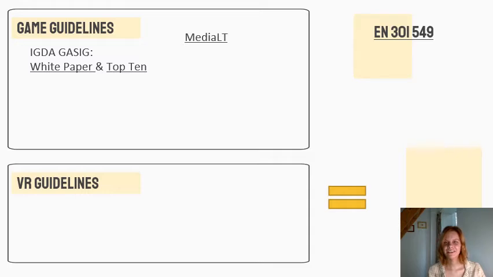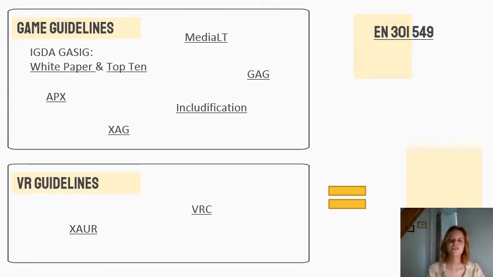And then there's Media LT, which is a Norwegian company, and another document is includification, and there's the accessible player experience and the Xbox accessibility guidelines. And the last ones are the most important ones, game accessibility guidelines. I will link these so you can find them in the presentation. For the VR guidelines, there are two of them that I found. That's the XR accessibility user requirements and the virtual reality checks from Oculus.